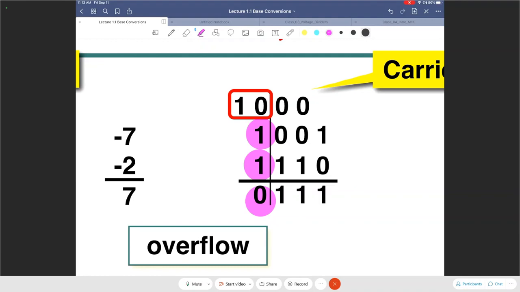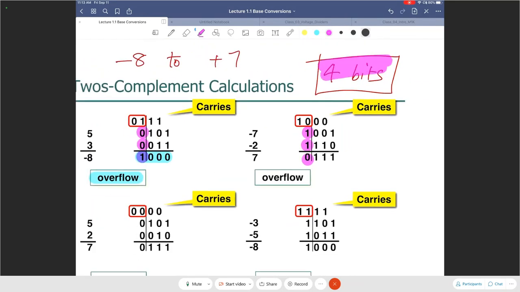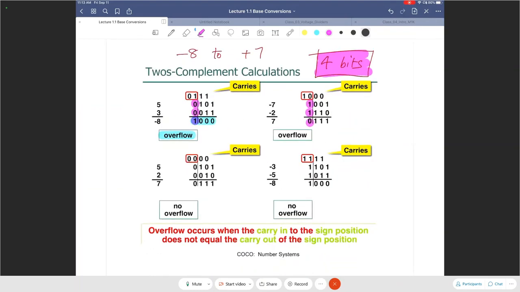Tyler says if you bring down the 0 in front, well, you cannot. So the goal is to not do this with 5 bits. Yes, you are right. We have a fix: 4 bits. Yes, the goal is not to exceed that. If you have an unlimited number of bits to represent numbers, then you will never have overflow.